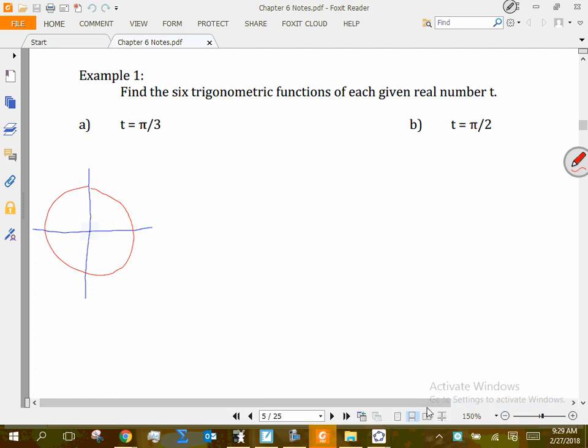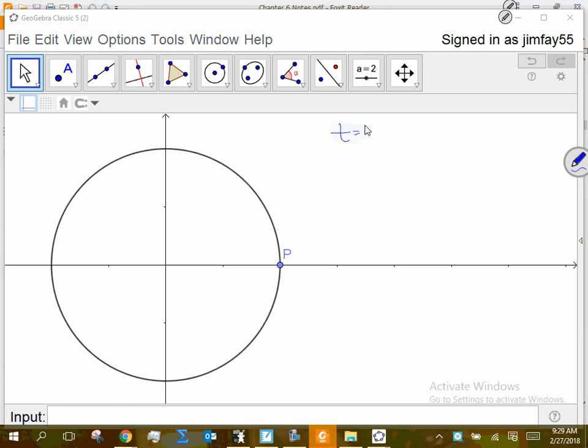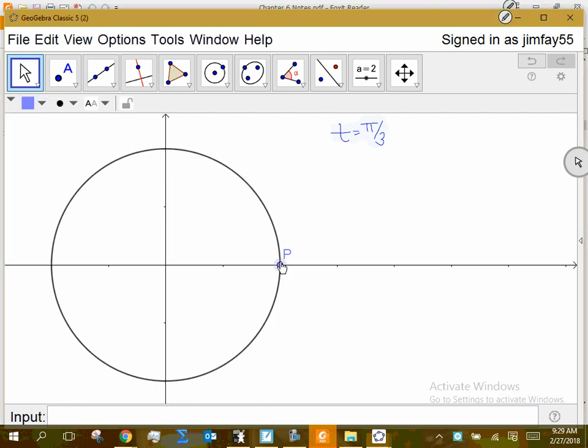Let's just come over to this. All right, so they're asking you to find the 6 trig functions for t equals pi over 3. Okay, so that means to me that we're looking at this arc here where pi over 3 would maybe be about right there.